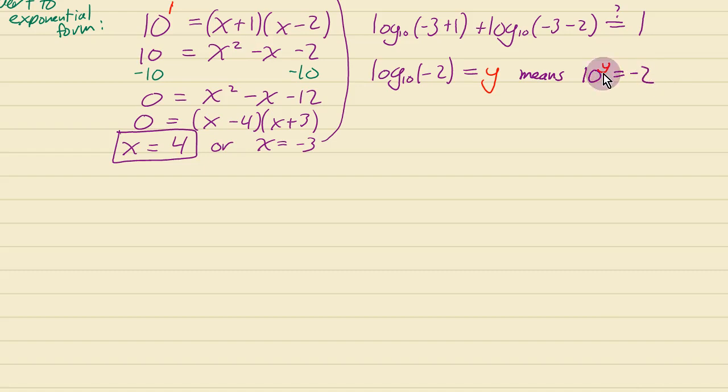But 10 to a power is always positive. So this is actually impossible to get a negative result from an exponential with base 10. So that means this doesn't exist.